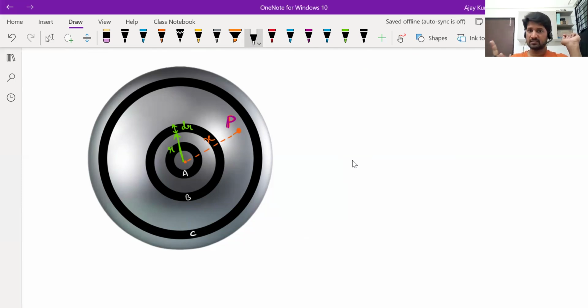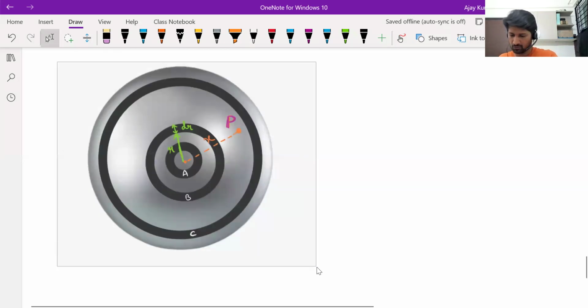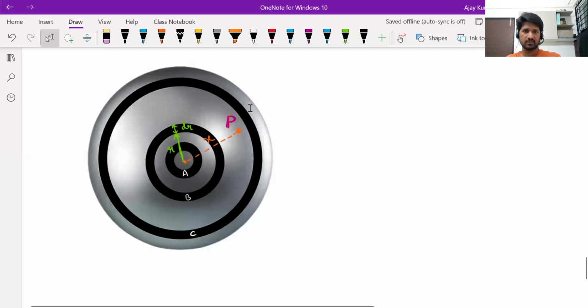Shell C cannot create a field at P because we know the field produced by a uniform hollow sphere inside it is 0. So all those shells whose radii are greater than x cannot produce any field at P. Only the shells whose radii are less than x contribute to the gravitational field at P. So what we are going to do is consider one of those shells whose radius is less than x.